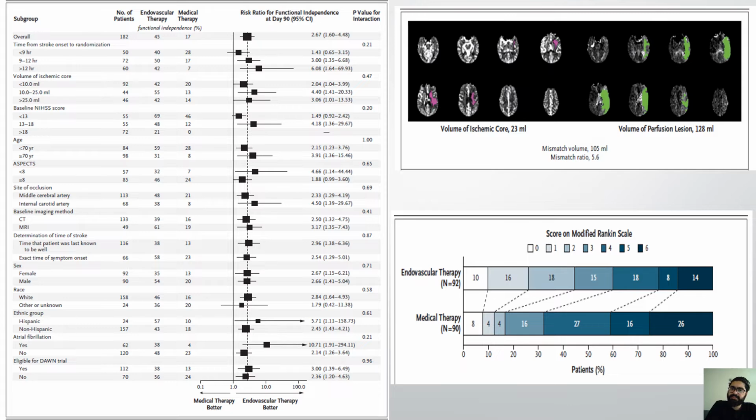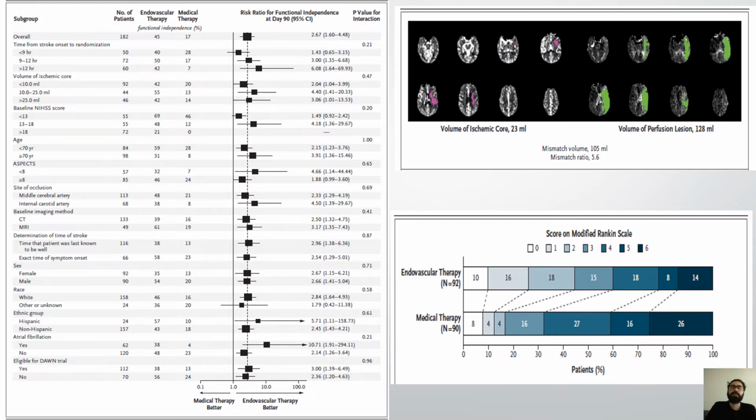So you can see a mismatch in the diagnostic modality which they employed over here. They found that volume of ischemic core, you can see in the figure over here, describes a mismatch between the perfusion lesion and the ischemic core when they did the CT perfusion.